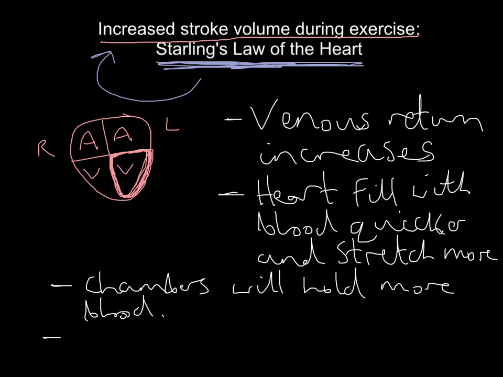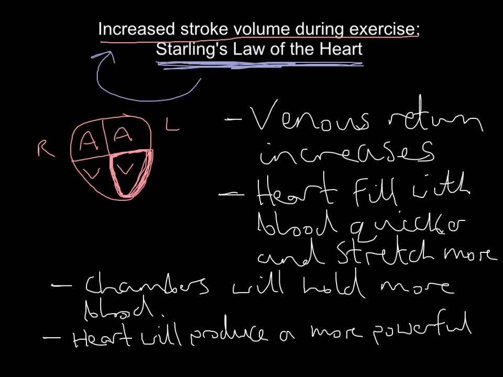So venous return increases, the heart will fill with blood quicker and stretch more, the chambers will hold more blood, and as a result, the heart will produce a more powerful contraction.